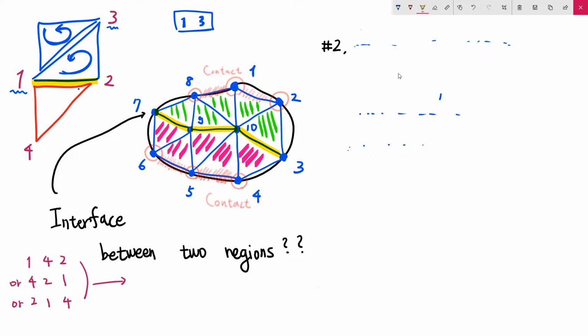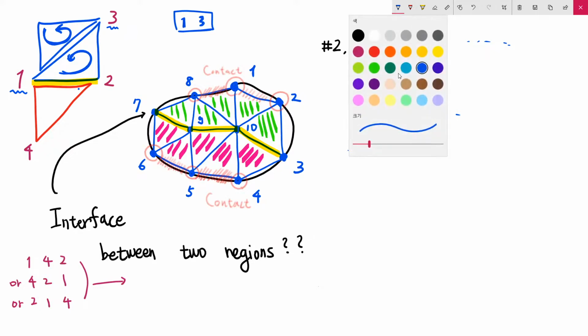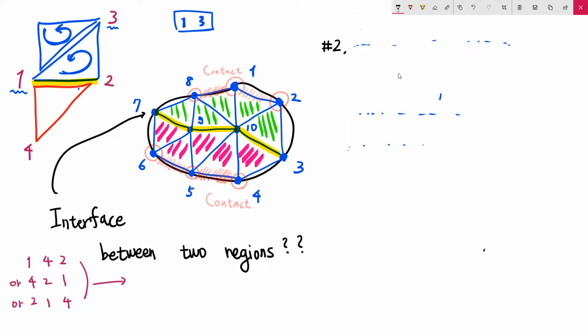Okay, the second problem is not related with Poisson equation or Laplace equation, just finding out the interface. So the desired structure is once again the circle. So please use the circle you have used in your previous homework number 3. So you don't have to reinvent anything.